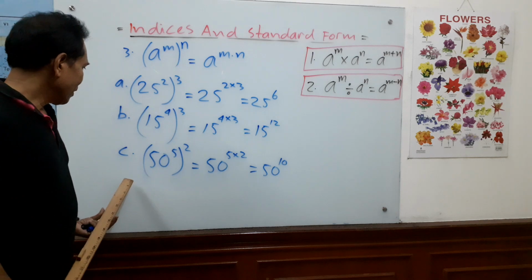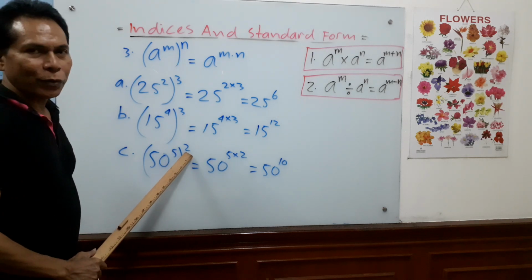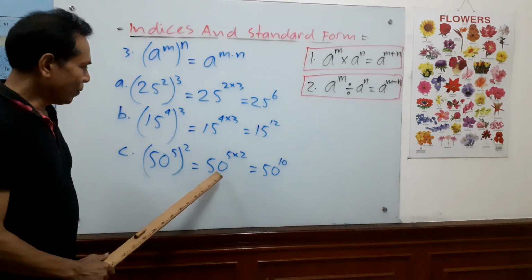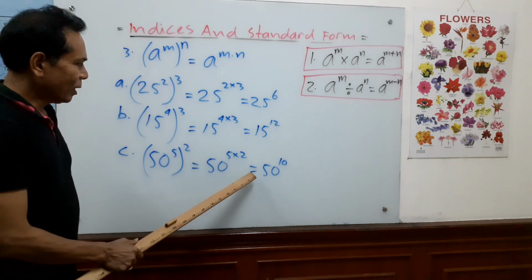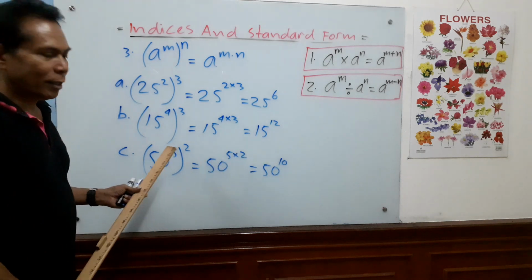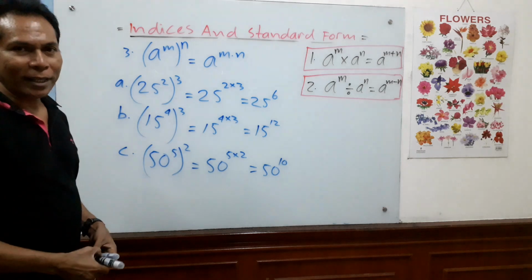And the last question. 50 power 5 to the power of 2 equals 50 power 5 times 2. 5 times 2 equals 50 power 10. Alright? Okay, that's easy, isn't it?